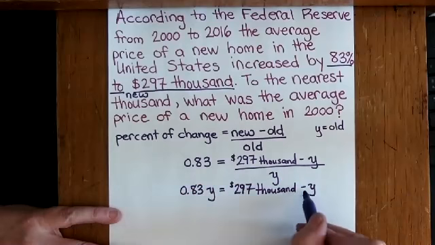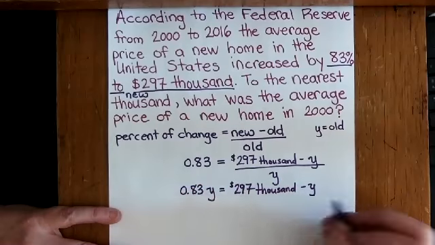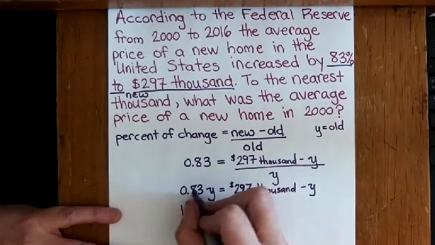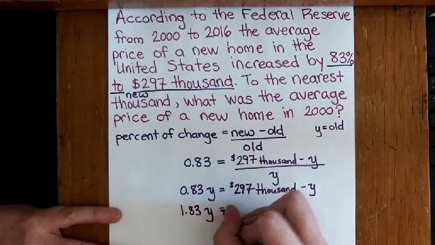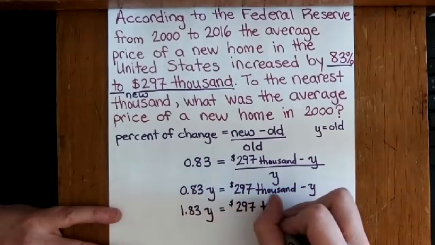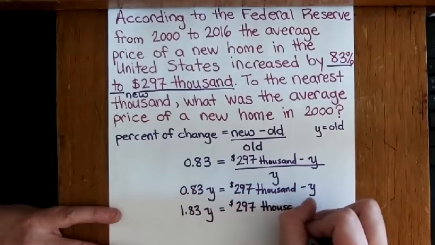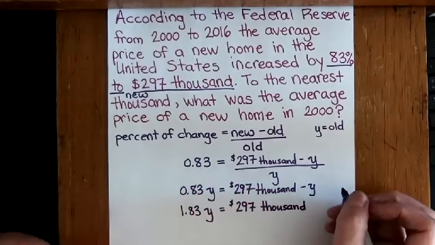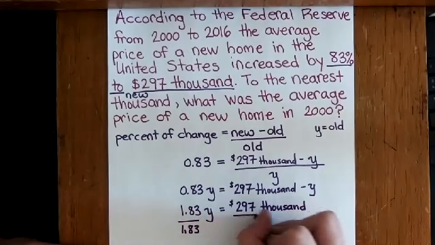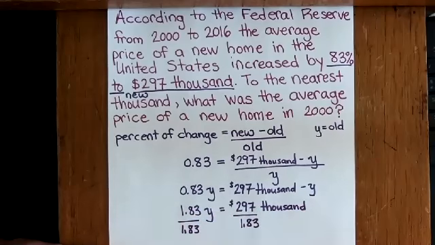And if we add y to both sides, eliminating it from this side, we get 1 plus 0.83, so 1.83y is $297,000. Dragging the units along so I don't make a mistake. And now what we're going to do is divide both sides by 1.83 so that we can isolate y.